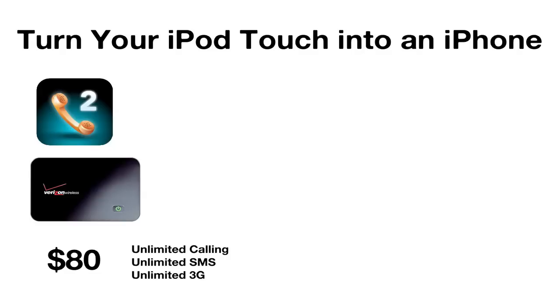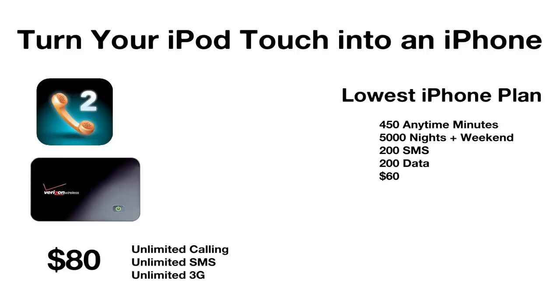Now if you compare that to the lowest limited iPhone plan, which I think is like 450 anytime minutes, and then you have 5,000 nights and weekends, you get like 200 text messages and 200 megabytes of data, and that's going to cost you $60.